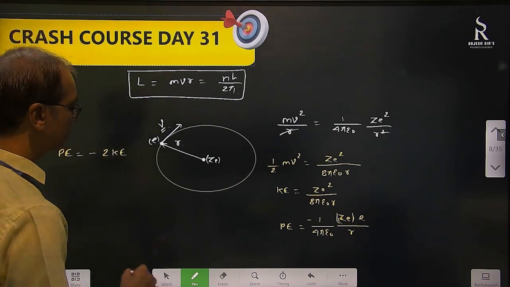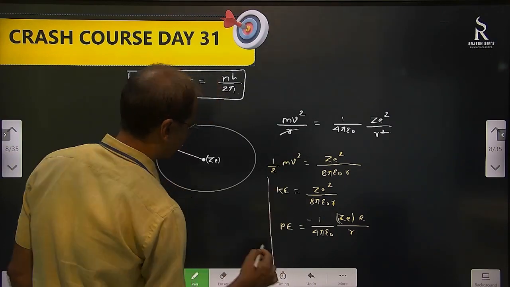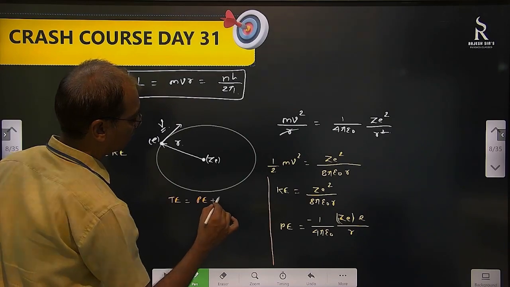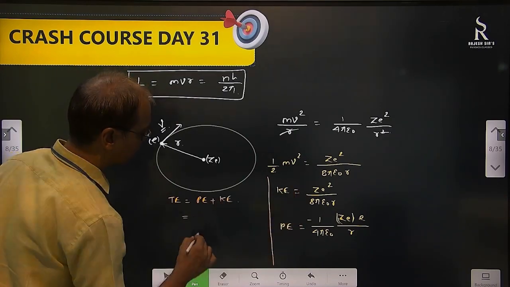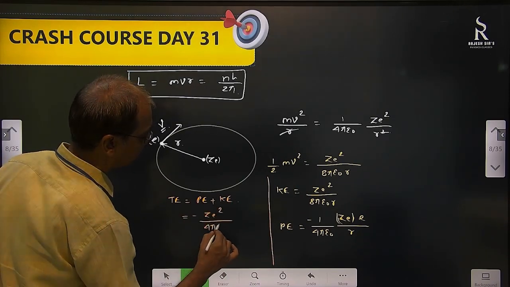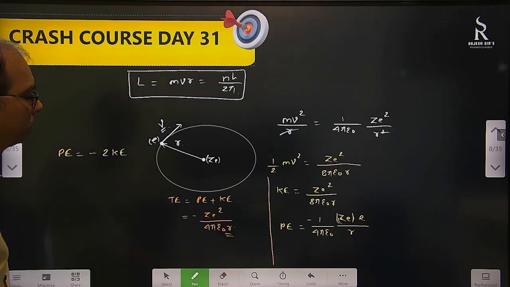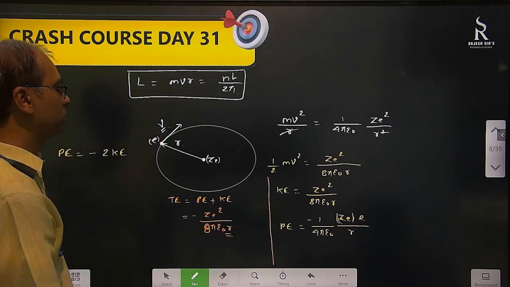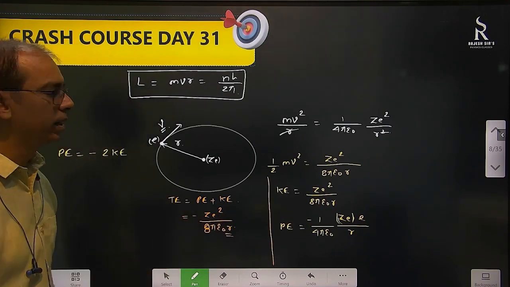What about the total energy then? Total energy will be the sum of both, potential energy plus kinetic energy. When you add both, it comes to minus Ze square by 8 pi epsilon naught r. That means the total energy has the same magnitude as the kinetic energy, but it is negative.